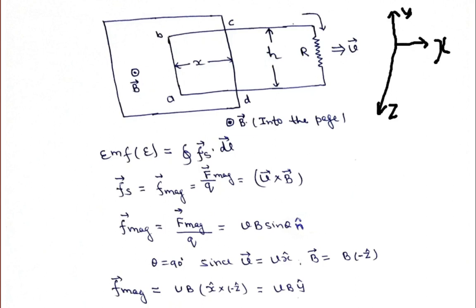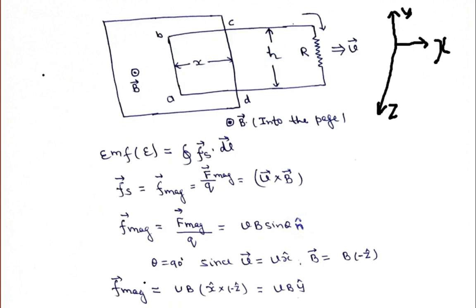So we can find the direction of force. The magnetic field is into the page, along the minus z unit vector, and velocity v is along the x direction.